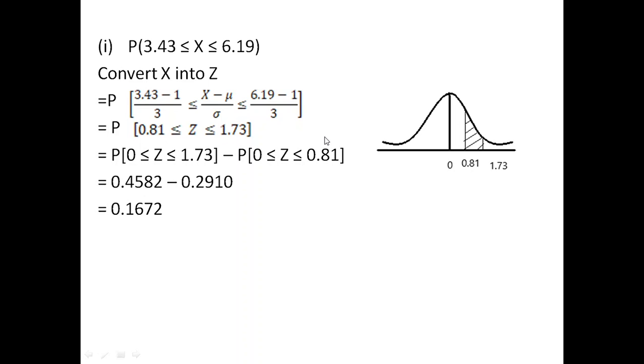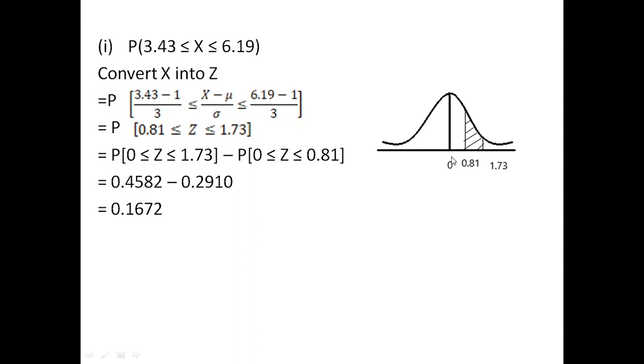Now here we will use the normal curve. Here you can see that this is the standard normal curve. This line shows 0.81 and this line shows 1.73. Looking at this, we can see that we need the area, or the probability, between these two points. So how can we find it?